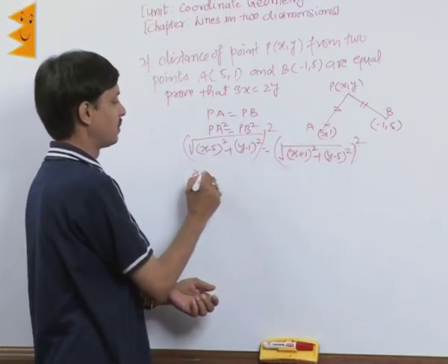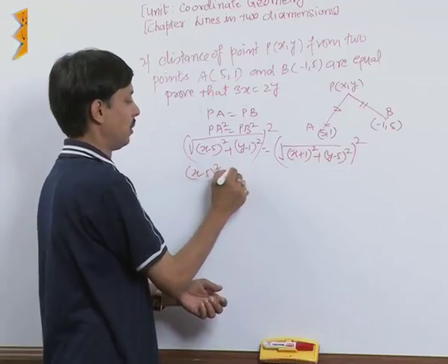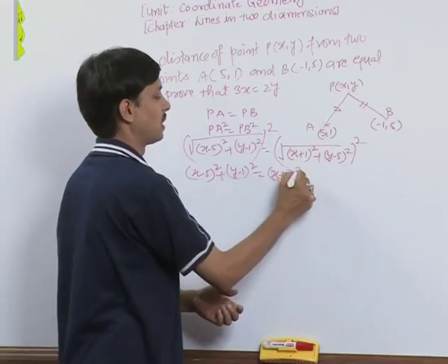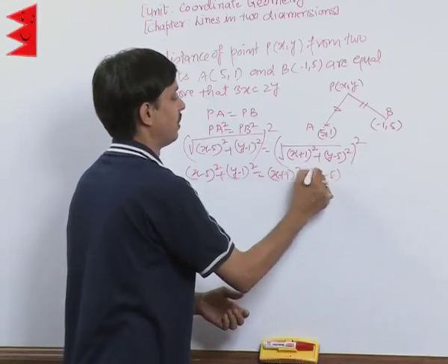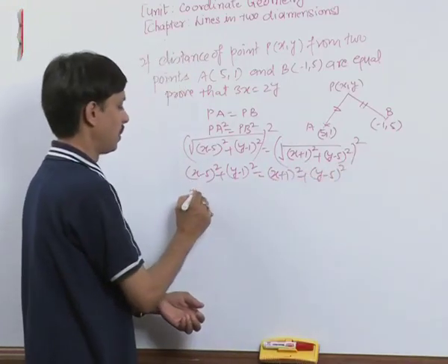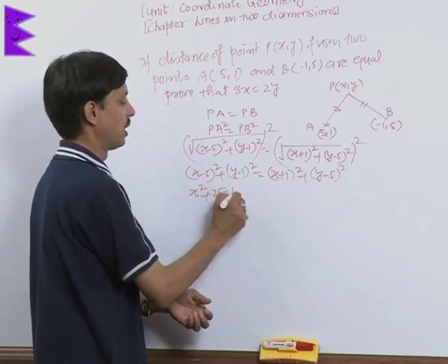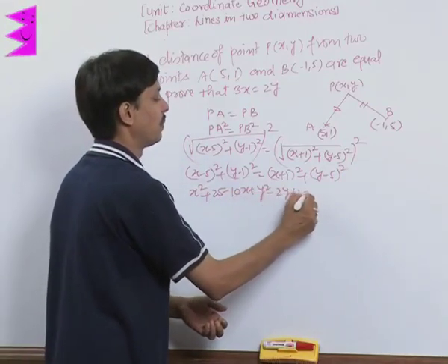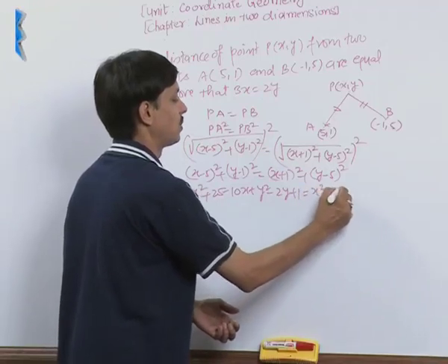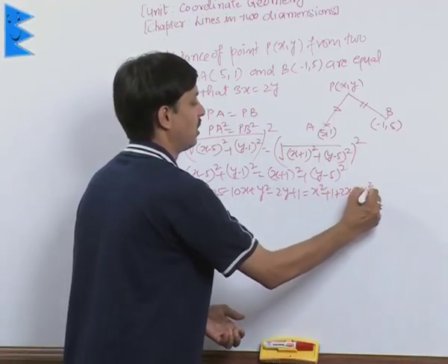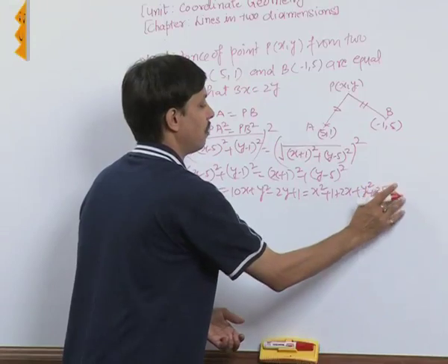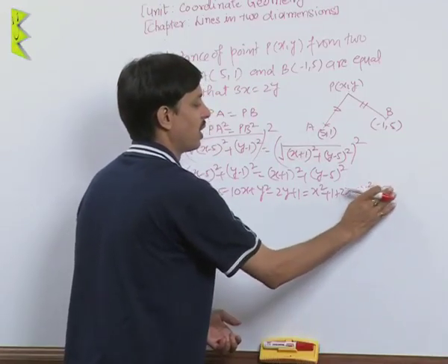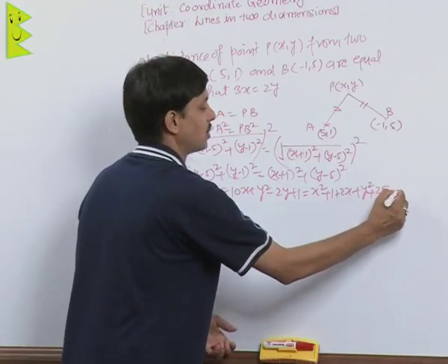We will get (x minus 5) whole squared plus (y minus 1) whole squared is equal to (x plus 1) whole squared plus (y minus 5) whole squared. This becomes x squared plus 25 minus 10x plus y squared minus 2y plus 1 is equal to x squared plus 1 plus 2x plus y squared plus 25 minus 10y, by using (a minus b) squared and (a plus b) squared.